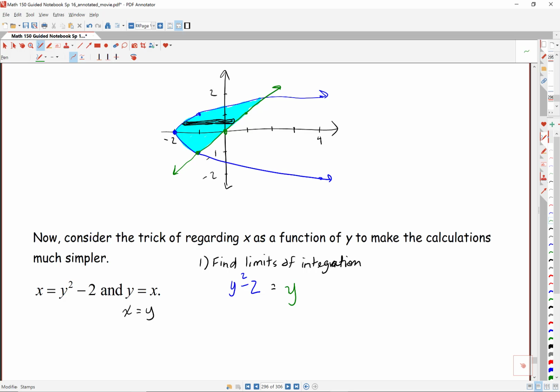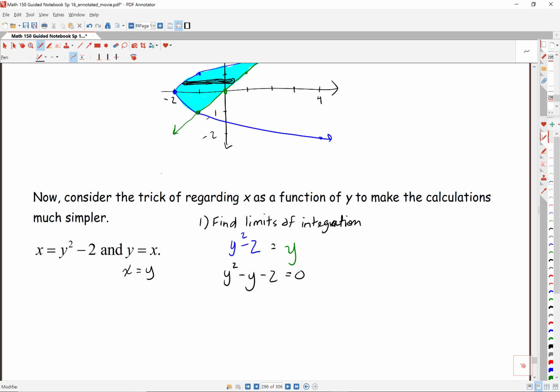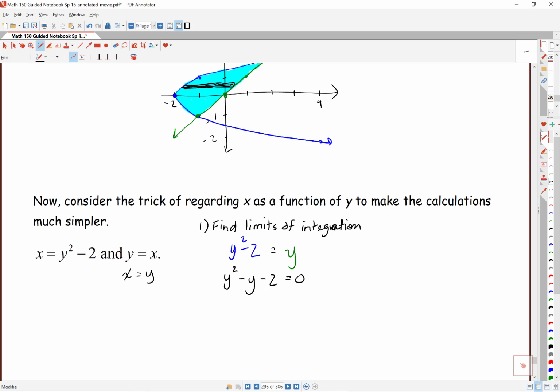I'm sorry, not x, but y. And then when you solve them, you'll get y squared minus y minus 2 is 0. And then that factors as y minus 2 times y plus 1 is 0, and you end up getting y is 2 and y is negative 1.